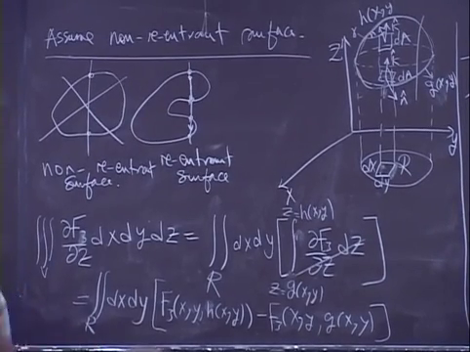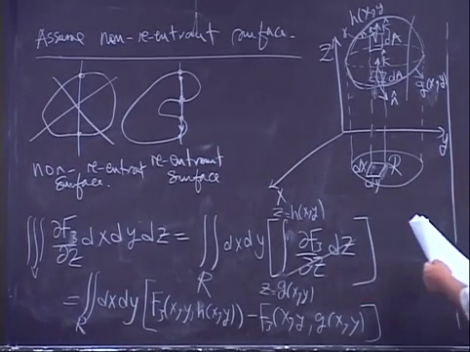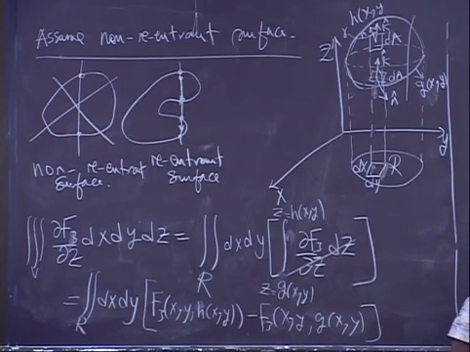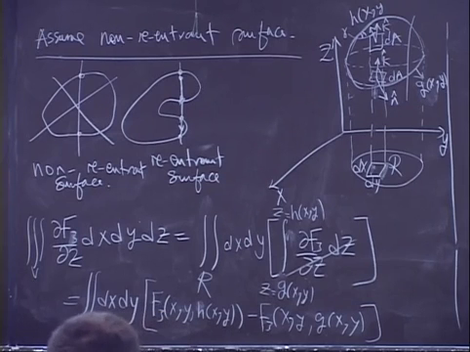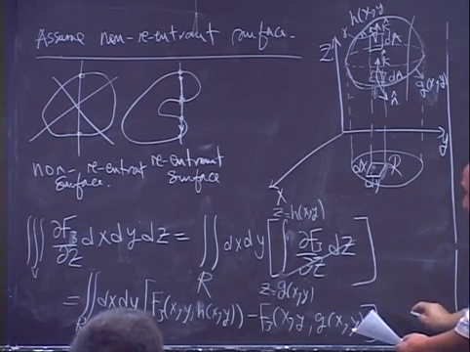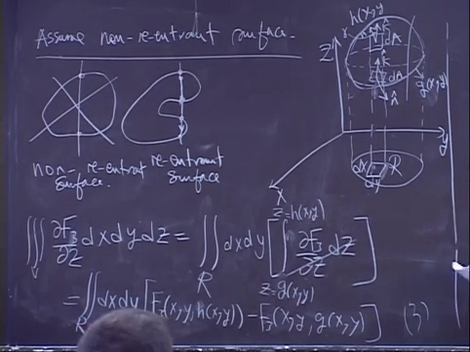Make sense for you? Then now, this is the right hand side of the equation. What's the left hand side? So let's call this, for example, 3, because this is 2a, 2b, 2c, and this is 3. So now, what's the right hand side?